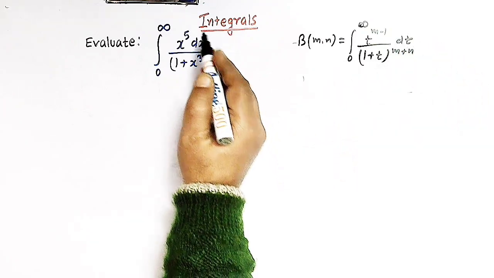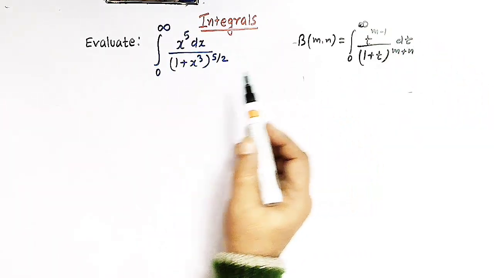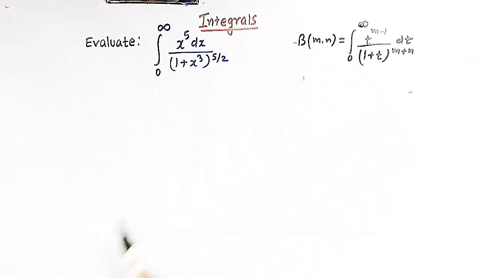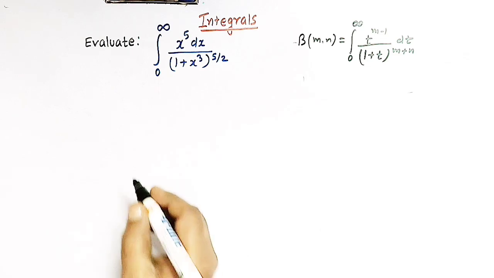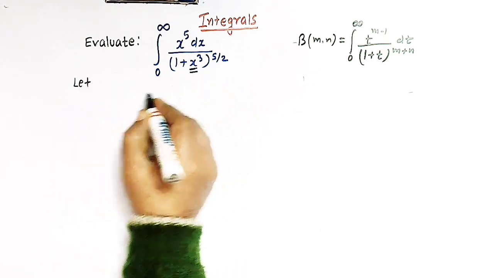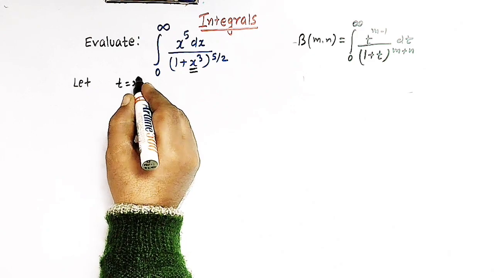So by a method of substitution, we'll first convert this integral into the beta function. So now let us first substitute t is equal to x cube, right?